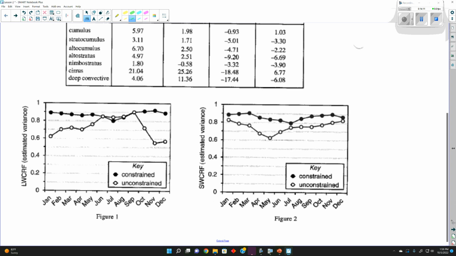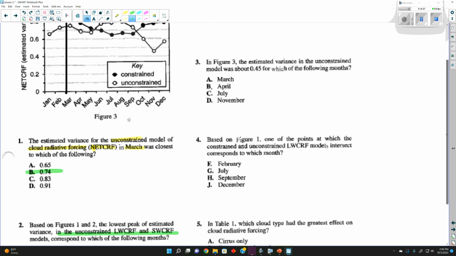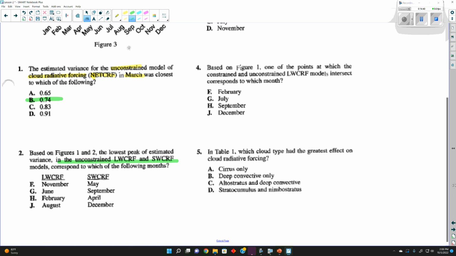If we look at this, the lowest for these 2, June, and this one here is around November. So we have LWCRF, so the first one was November, yes? So the correct answer is F.